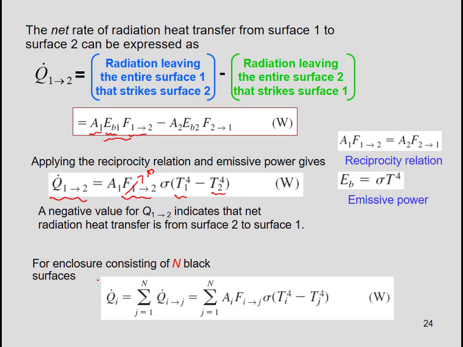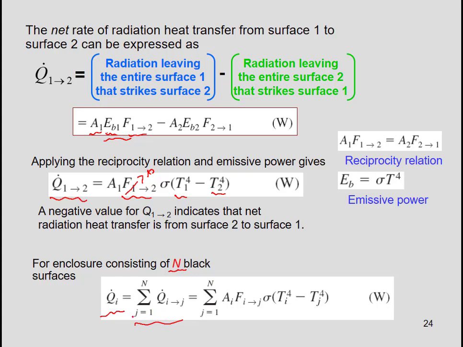And for an enclosure which has black surfaces, or simply surfaces which we can imagine to be black without any reflection, only emissive, this equation will change to this one. So Q dot i, in other words the net rate of radiation transfer from surface i to all of those surfaces, is equal to, if you remember, this is a summation relationship actually.